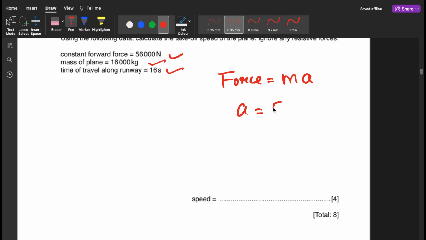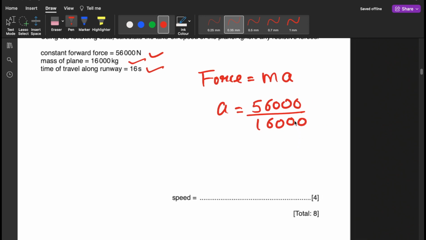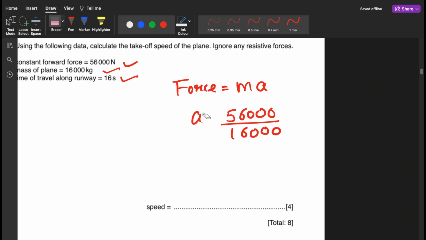Acceleration is force divided by mass. Vikram, how much are you getting? The answer is 3.5.